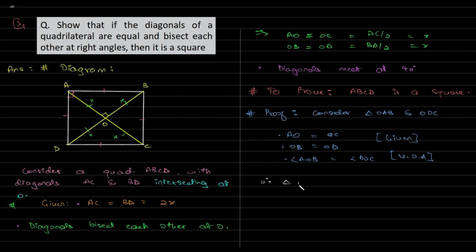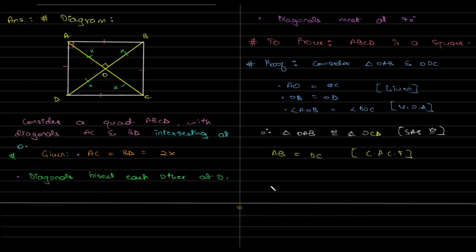Therefore triangle OAB is congruent to triangle ODC by SAS congruency. So therefore AB is equal to DC by CPCT. This is actually CD. So similarly we can prove that AD is equal to BC.